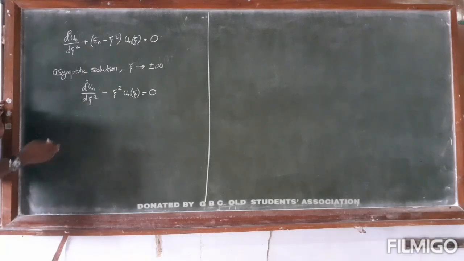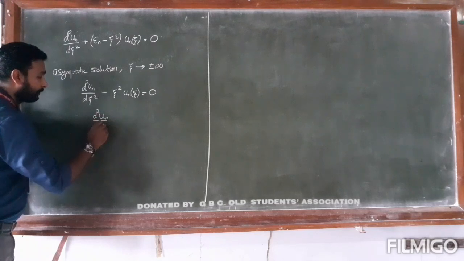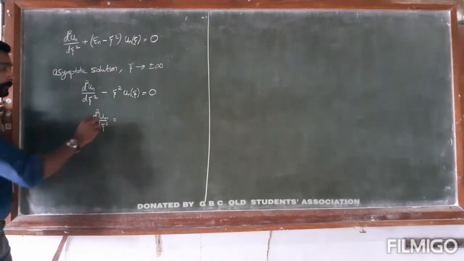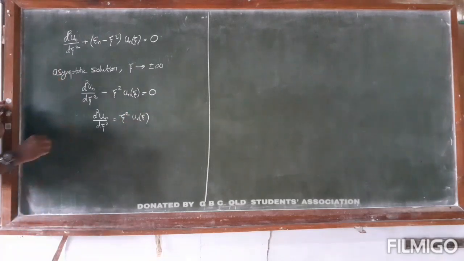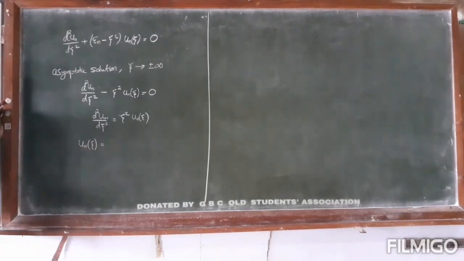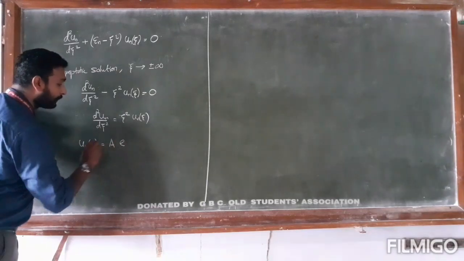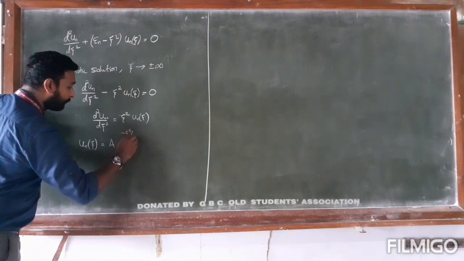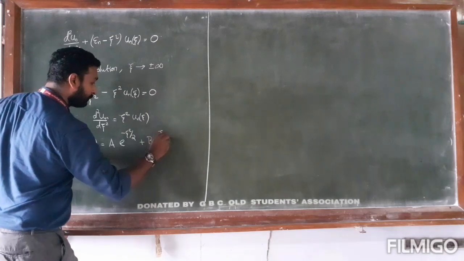So its solution is very straightforward. If you differentiate un two times, you have to get theta square times un. This is possible when un of theta is an exponential function of theta square by 2. So the possible form of un of theta would be some constant A into e raised to minus theta square by 2 plus some constant B into e raised to theta square by 2.